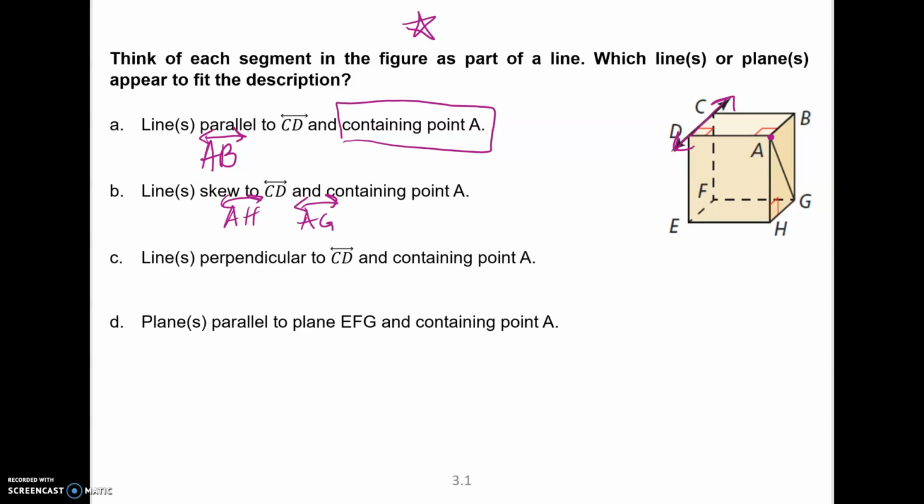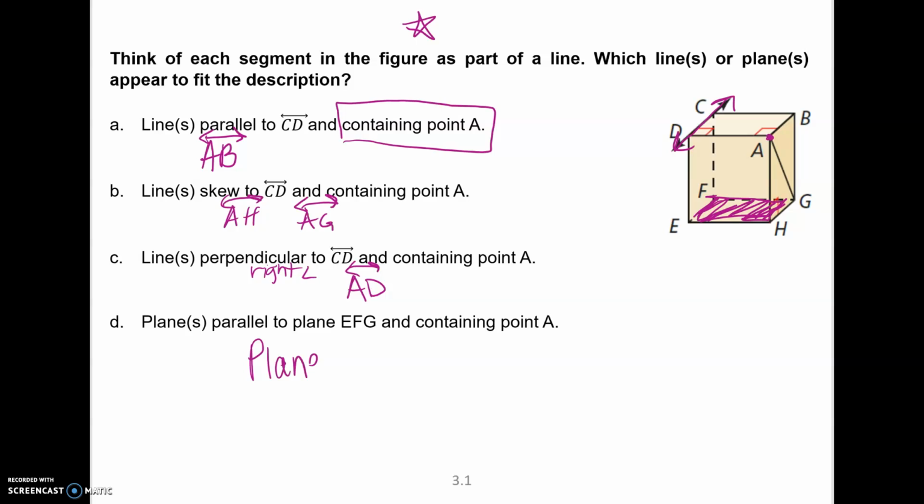My next one is I want something that is perpendicular, remember, that's a right angle, to CD containing point A. So I'm making that right angle. So I have AD. And the last one, I want a plane that is parallel to EFG, that bottom plane, that contains point A. So that should be my top plane.